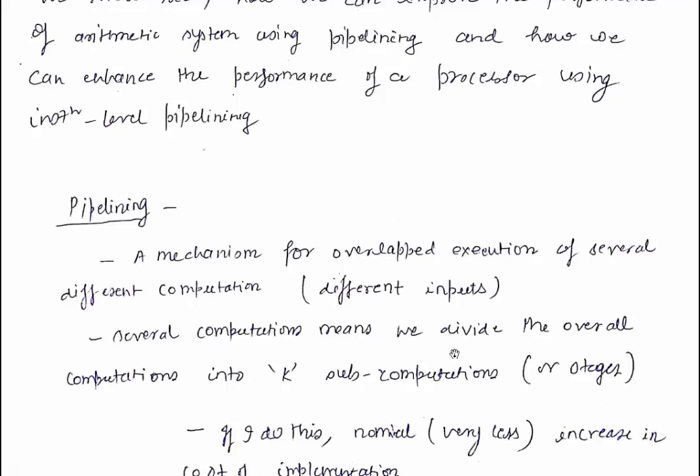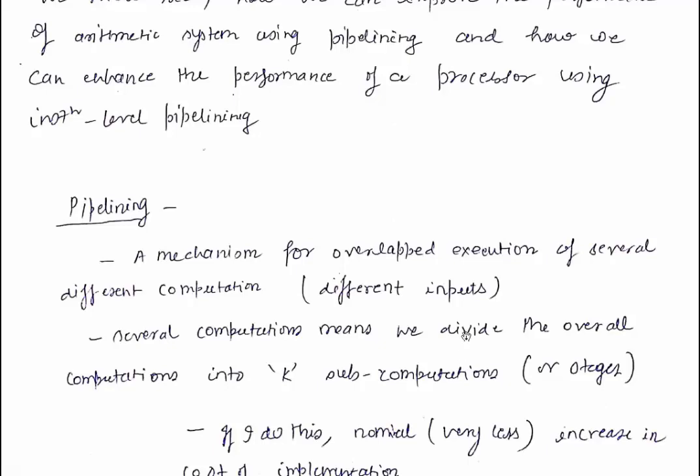For that we will apply an adder and a multiplier in such a way that when one value is getting added, the second value will wait, and when the first value is fed to the multiplier, the second value is fed to the adder. So simultaneously we are able to perform execution for different computations. That mechanism is known as pipelining.